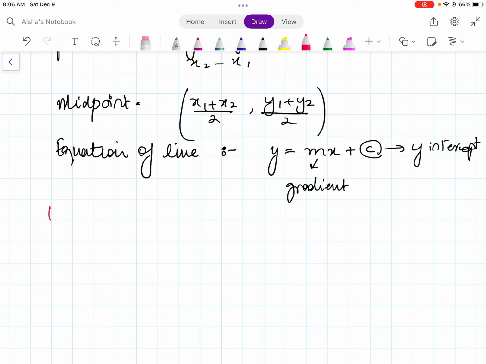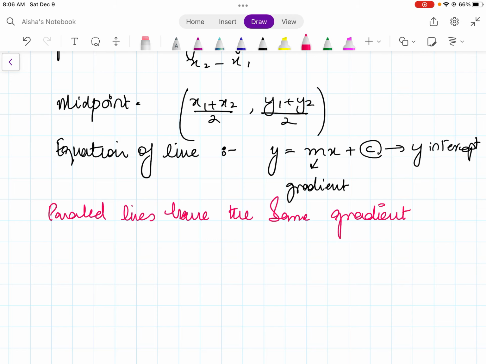Now a couple of pointers. Parallel lines have the same gradient. Perpendicular lines have negative reciprocal gradient.